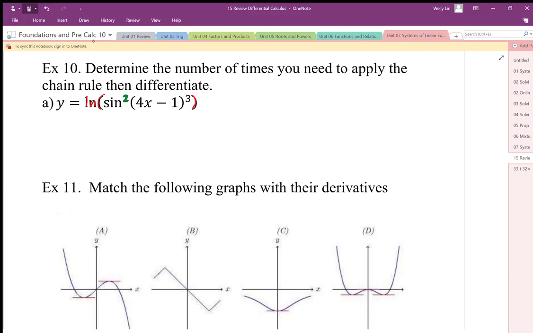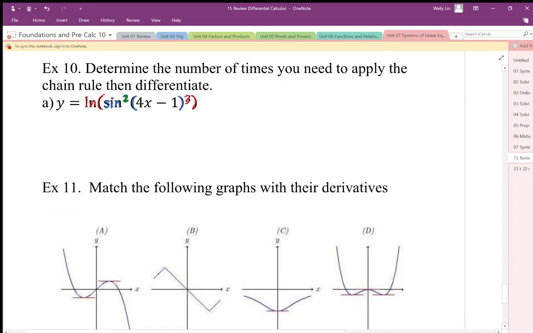So the inside function here is the sine. Okay, so there's our sine function. Oops, I think I missed one here. Inside the sine function, there is a cube function. Maybe I'll do this in orange.